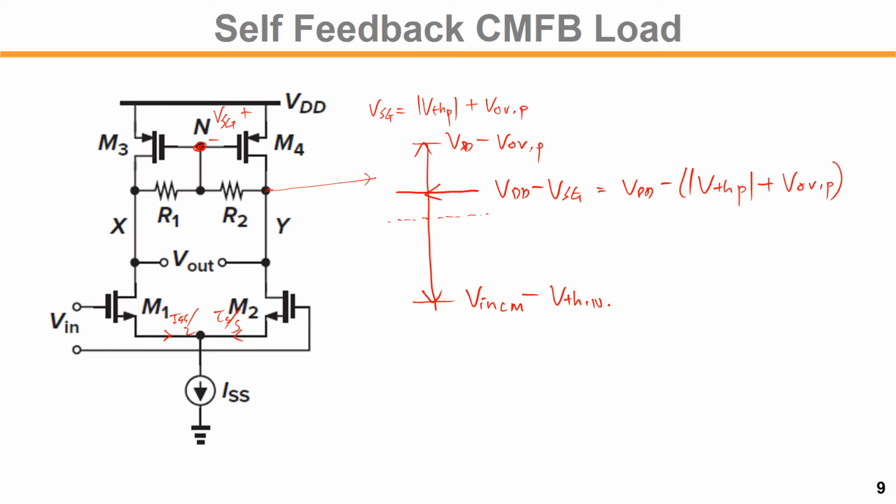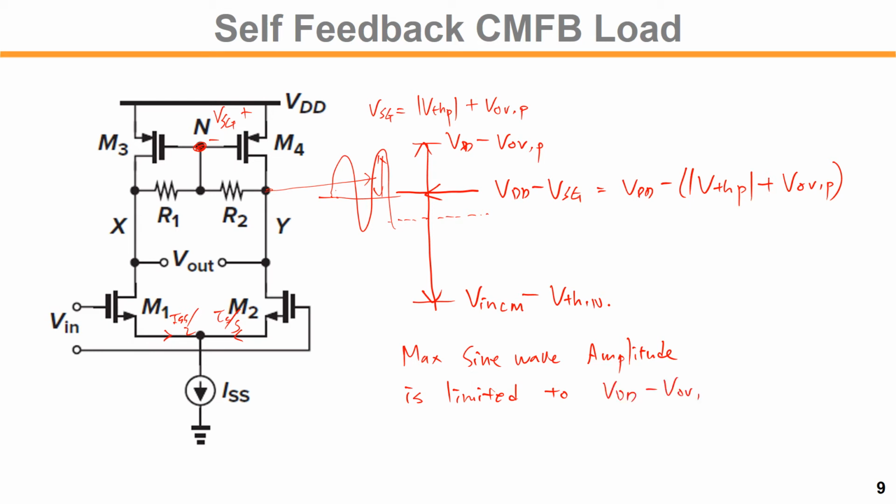So for a sinusoidal output, the sine wave amplitude is limited to VDD minus the overdrive voltage of P minus that.